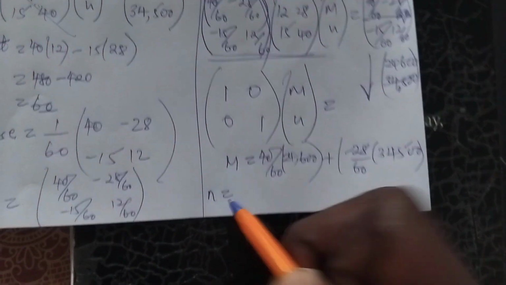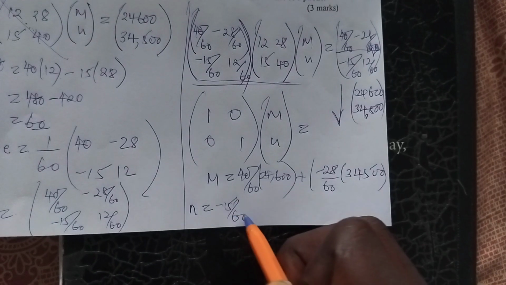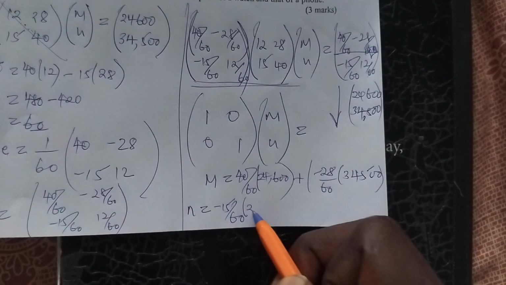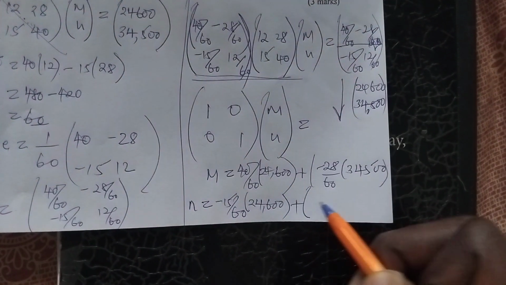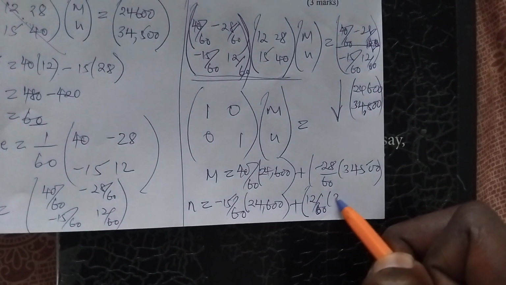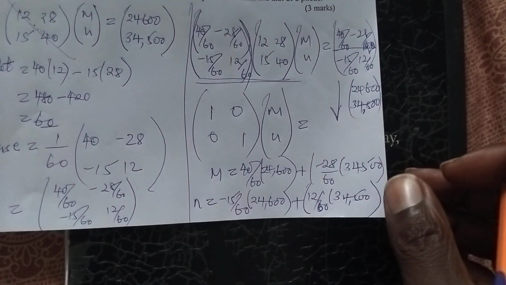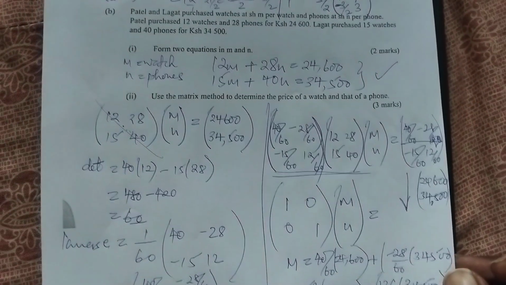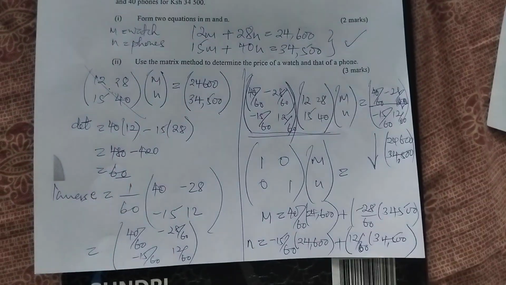Then the value of N will be negative 15 over 60 multiplied by 24,600 plus 12 over 60 multiplied by 34,500. Then you get the price of a watch and the price of a phone.